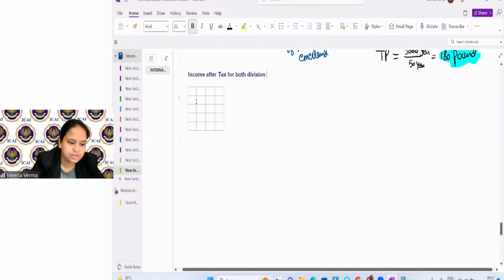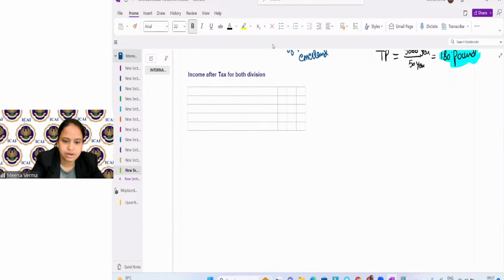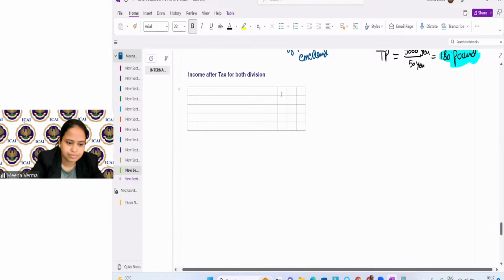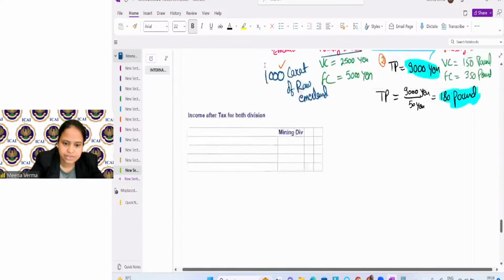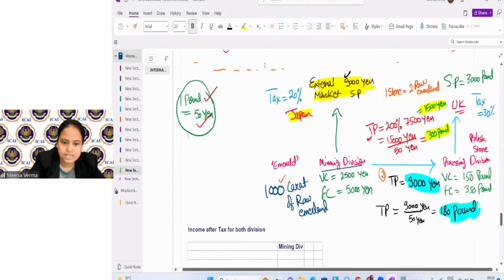Overall also, we are considering the division in India, the mining division. We have a mining division and we have a processing division.